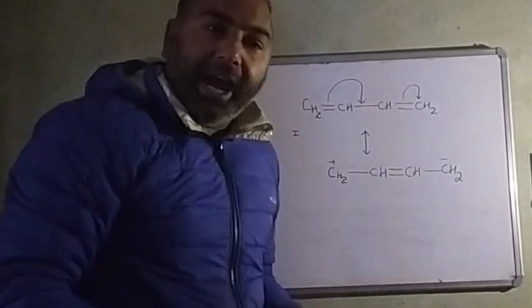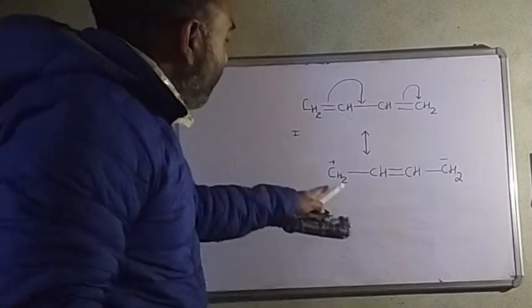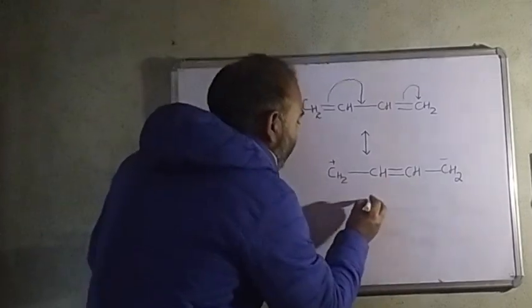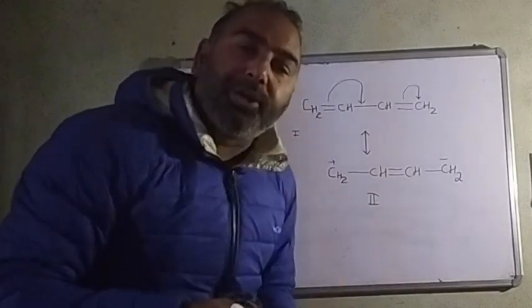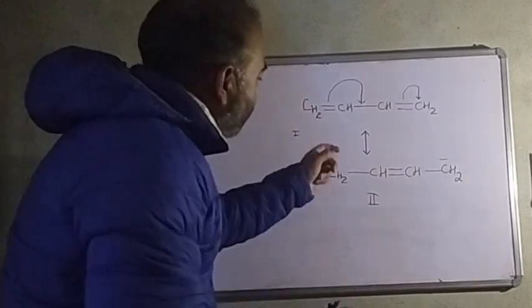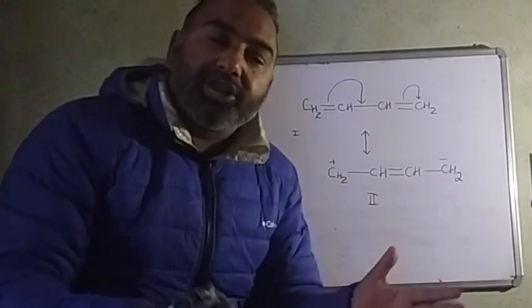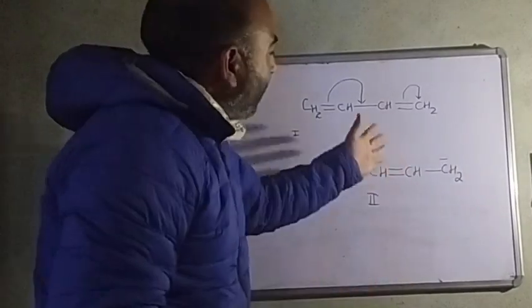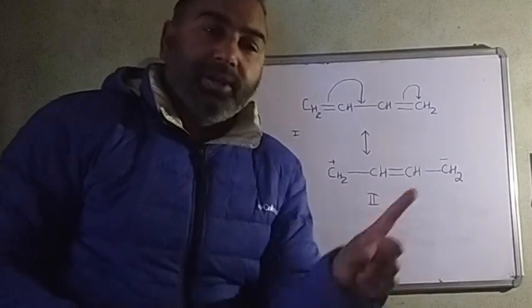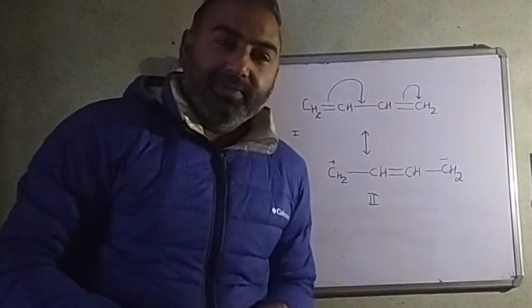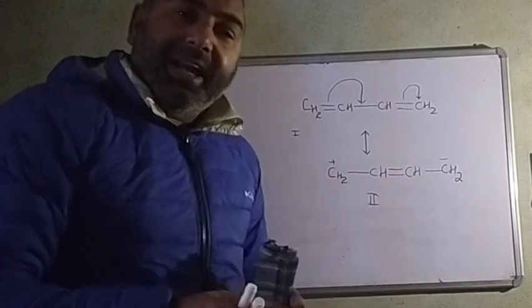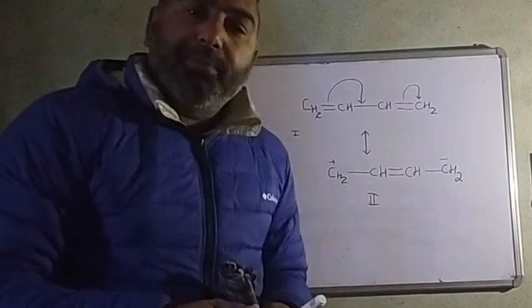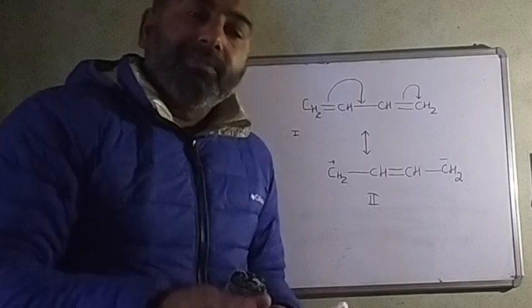So here we have separation of charge. This is the second structure of butadiene in which separation of charge takes place. Why so? Because of shifting of pi electrons, not sigma electrons. This shifting of pi electrons we call resonance effect or mesomeric effect.